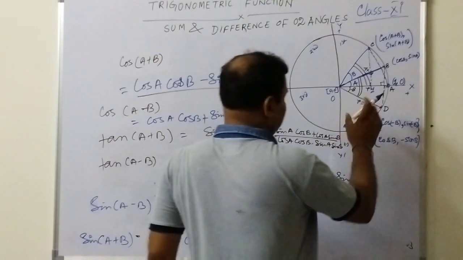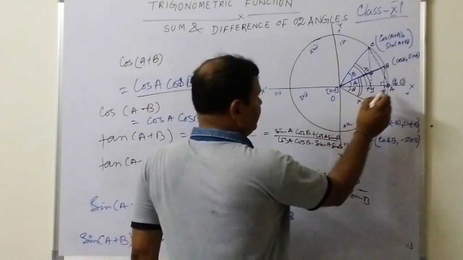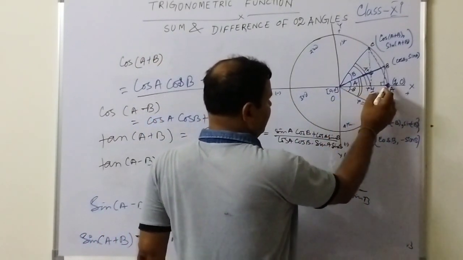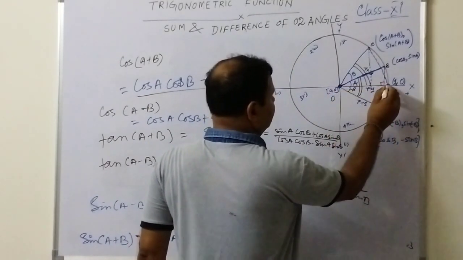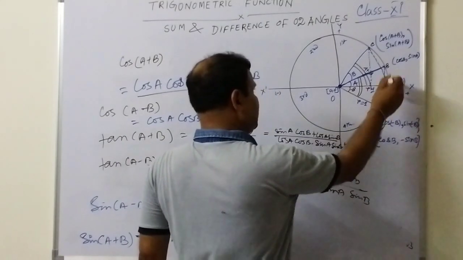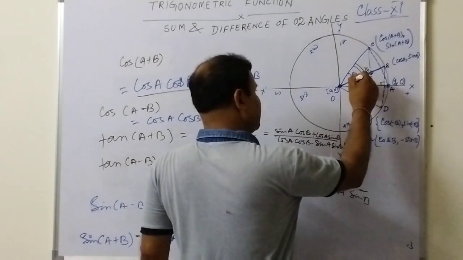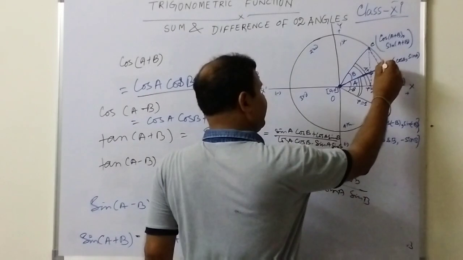What is the trigonometric function? What do we do? Have a recap. We just take one ray, starting from the point (1, 0). This is the starting point here. It moves an angle A to a point B here.